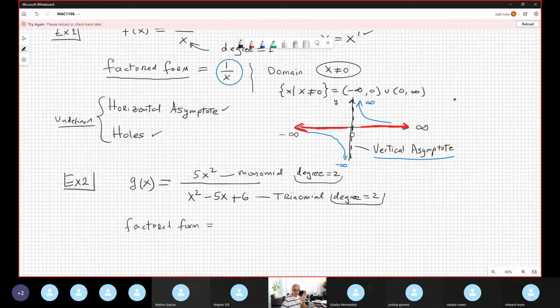You know very well, using synthetic division, factorization, either way, the way you prefer, or both together, depending on the complexity of the problem, factor the polynomial on the top and the polynomial at the bottom. But in this case, there is nothing to do on the top because it's a monomial. And on the top, yes, is x squared, and the factorization is x minus 3 and x minus 2, both negative.